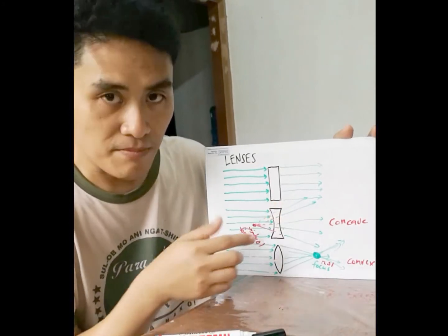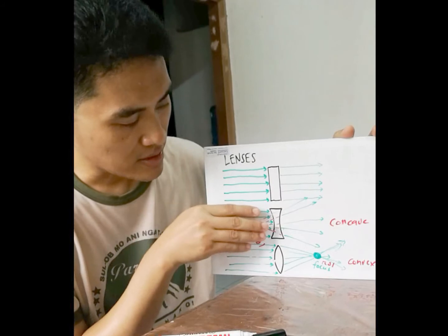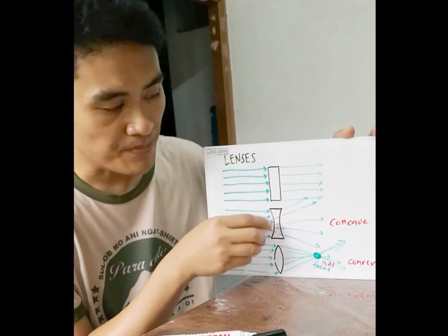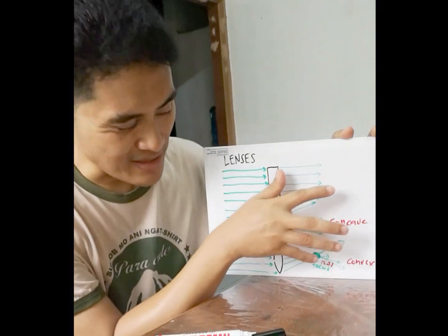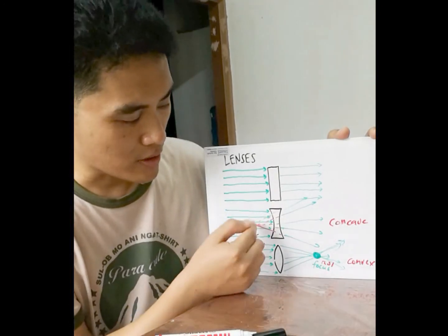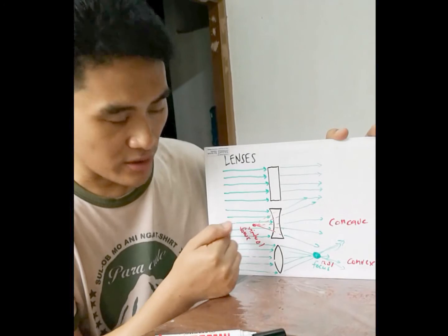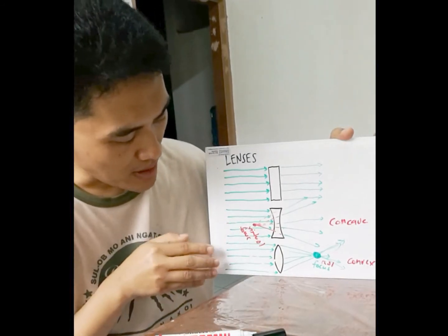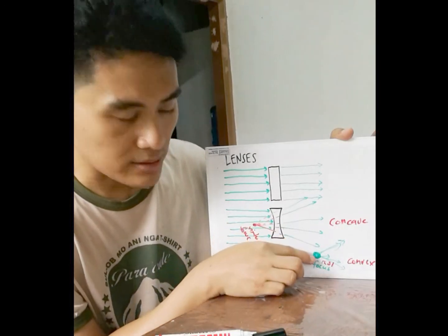But if you shape them into a certain shape, such as a concave shape, the parallel light rays, as they exit that transparent material, would diverge such that if you extend them back, you can imagine that there's a virtual focus at the side where the light rays came from. In a convex lens, parallel rays hit it and then they converge at a point.